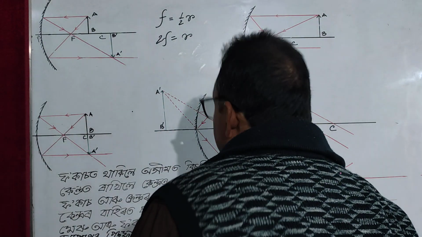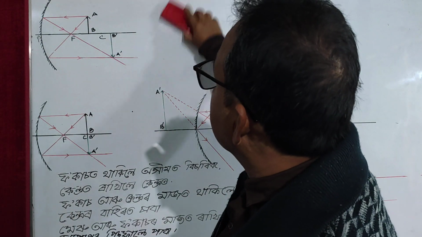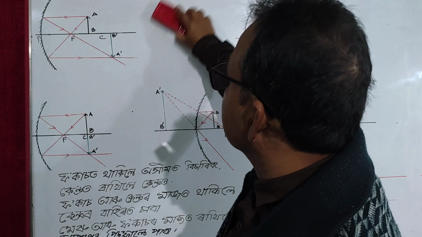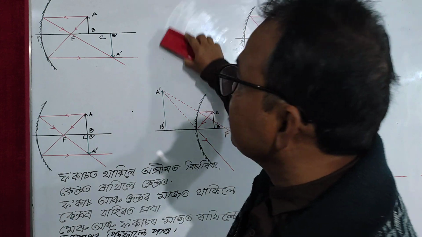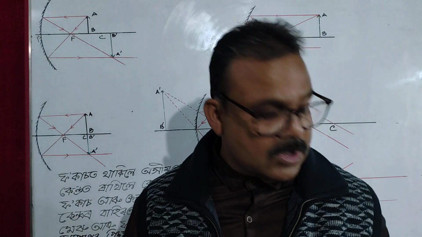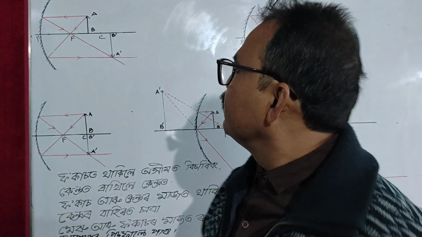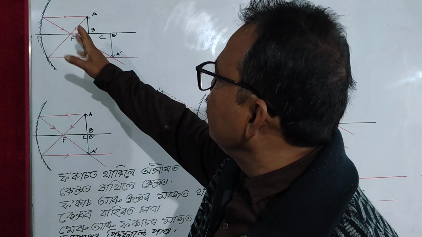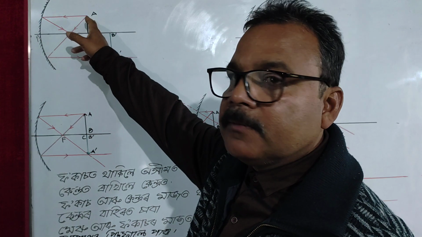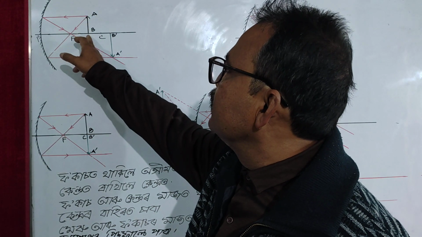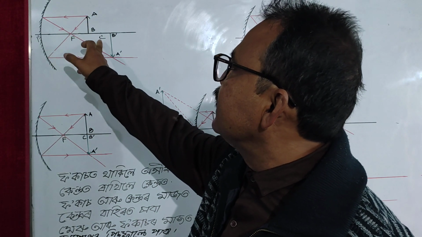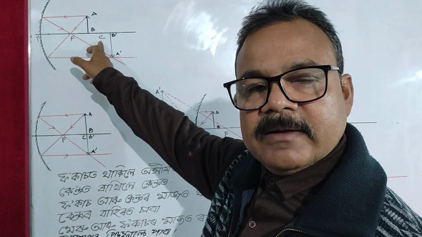Okay, now I will talk about the formation of images when the object is placed at different positions in front of the concave mirror. First of all, you think about this particular object. This particular object is in between focus and center of curvature. Am I right?